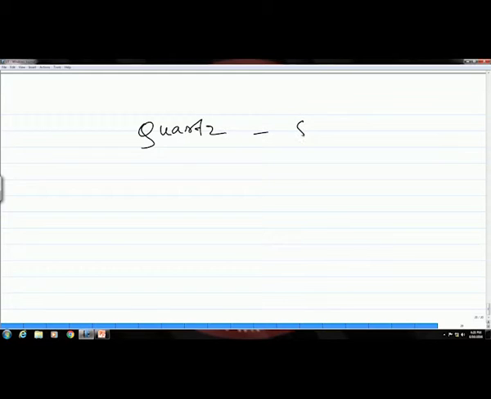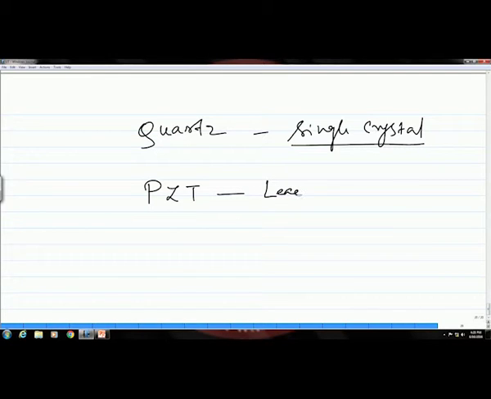So, single crystal quartz can be used for making these elements for ultrasonic probes.